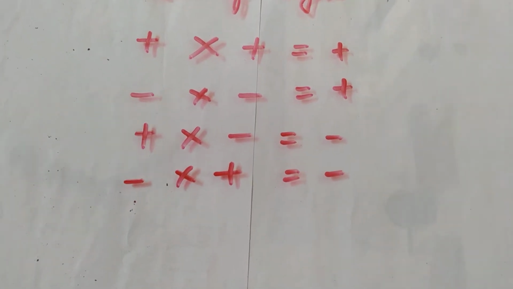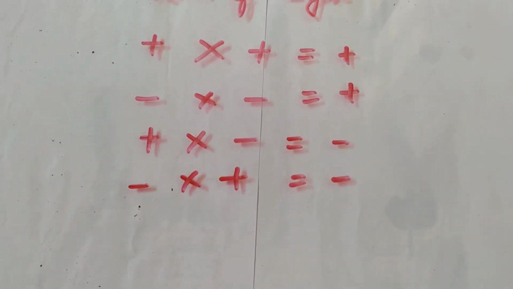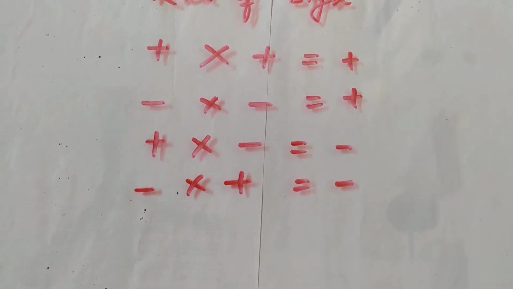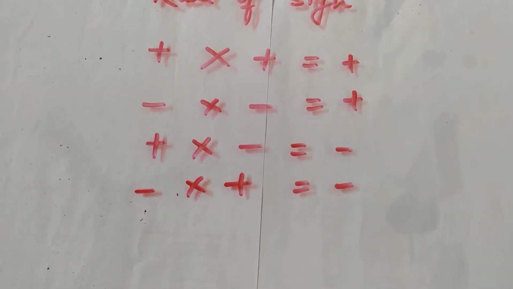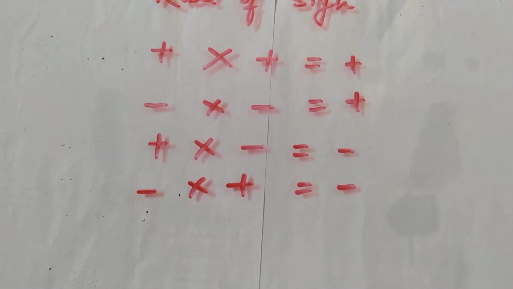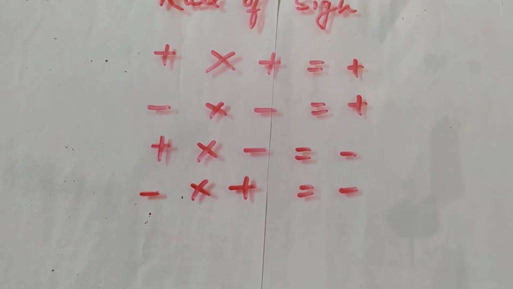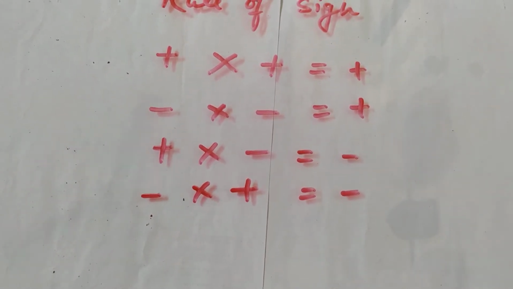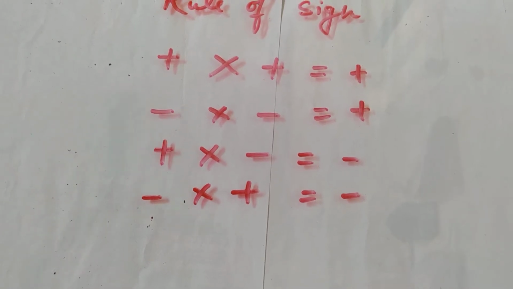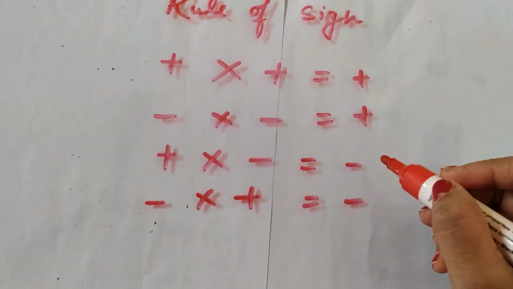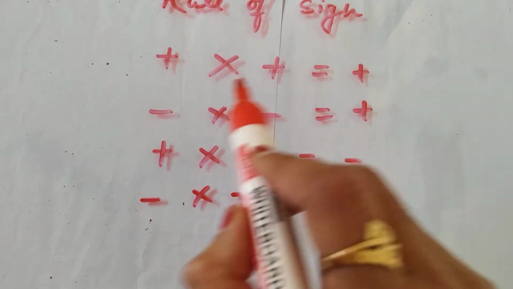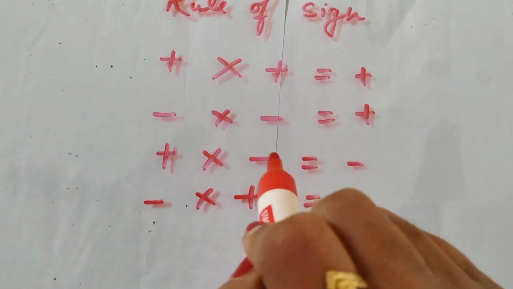Once again, whenever we multiply two numbers of the same sign, the result is always positive. Whenever we multiply two numbers of different signs, we always get negative. Plus into plus, plus. Minus into minus, plus. Plus into minus, minus.